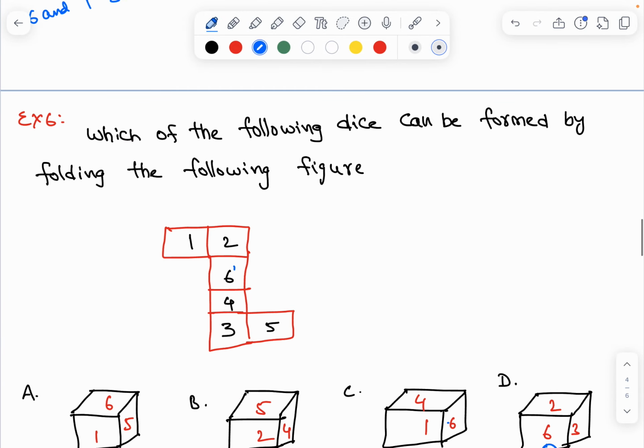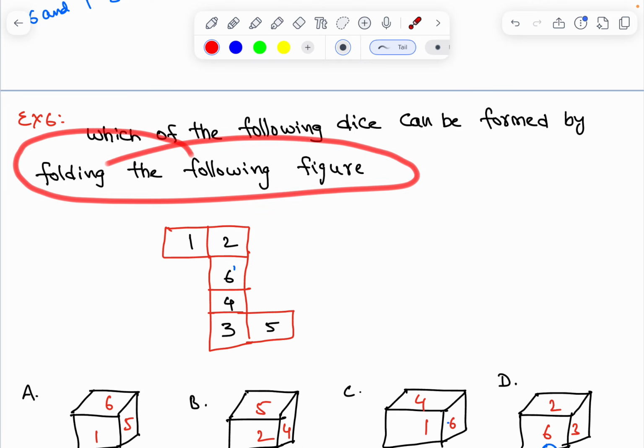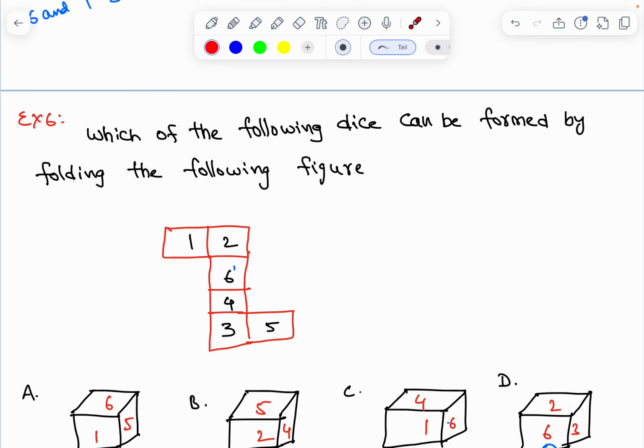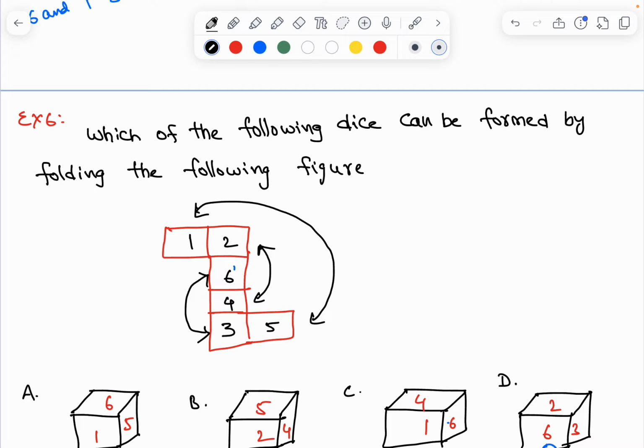Next question. Which of the following dice can be formed by folding the following figure? It's simple. You can observe here 2 and 4 opposite, 6 and 3 opposite, 1 and 5 opposite.